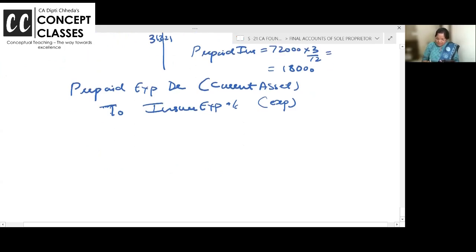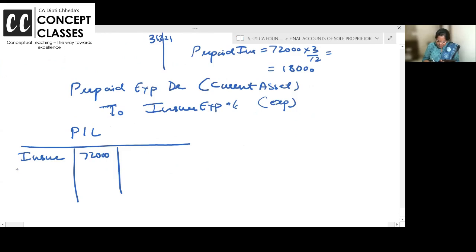Now the effect. Come to the P&L account. How much insurance had you paid? 72,000 minus prepaid insurance 18,000. 72,000 minus 18,000 is next year's prepaid. Right now in the P&L account only 54,000 will come in the outer column.